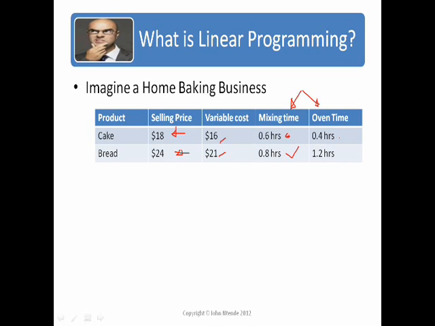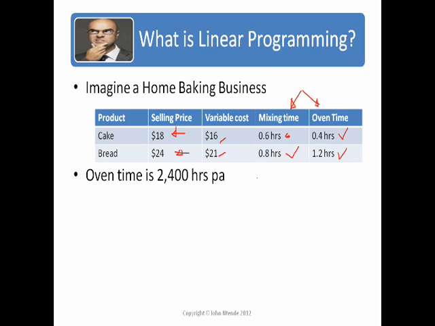Let's also say that the cake takes 0.4 hours in the oven and the bread takes 1.2 hours in the oven. Now we're also told that the oven time is 2,400 hours per year.